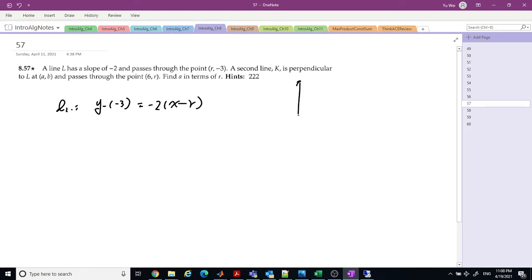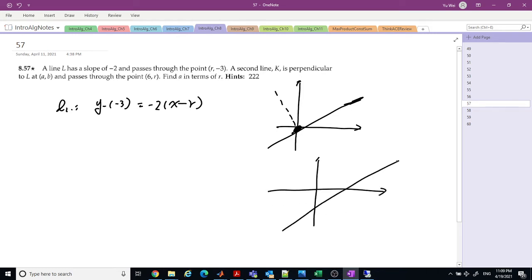Here you need to know one thing. I'll give you an example. Let me draw any line, not necessarily passing through 0.